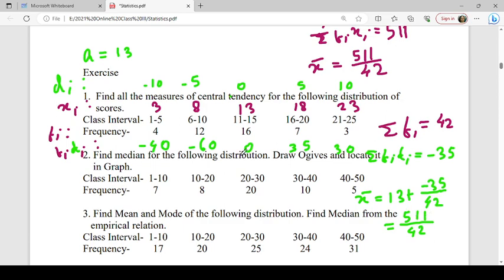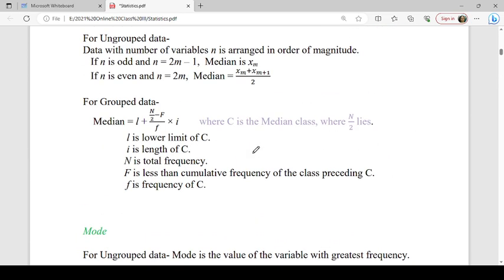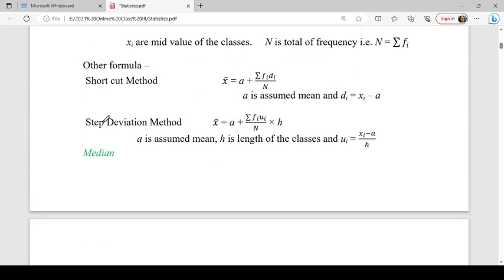Then if we use the third formula, this one, the step deviation method. Here we have to find ui, where ui is di by h, and di is xi minus a.